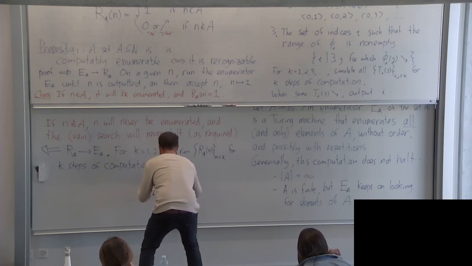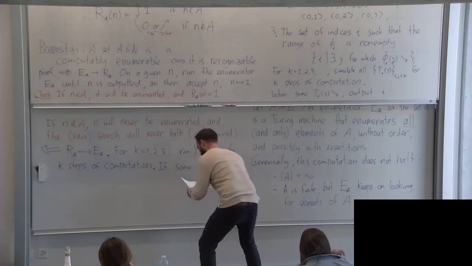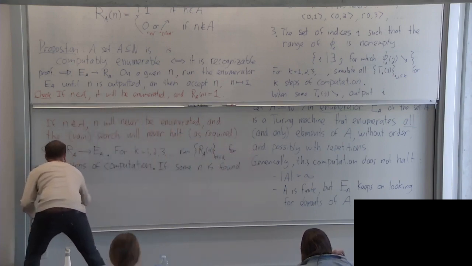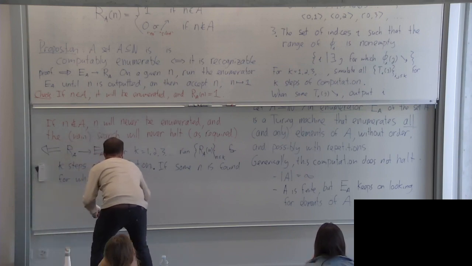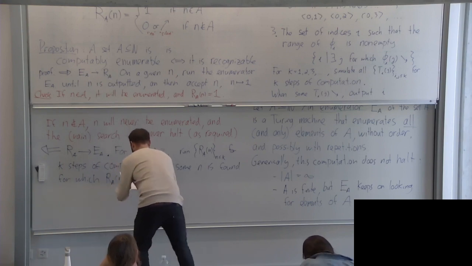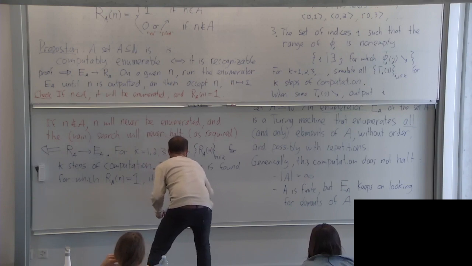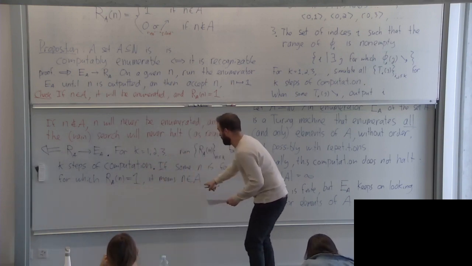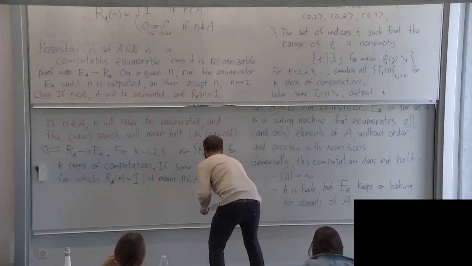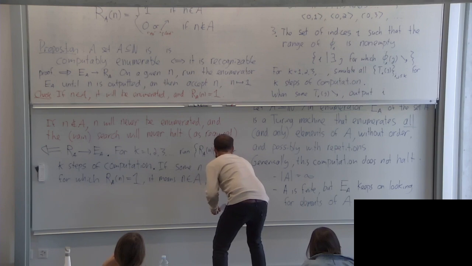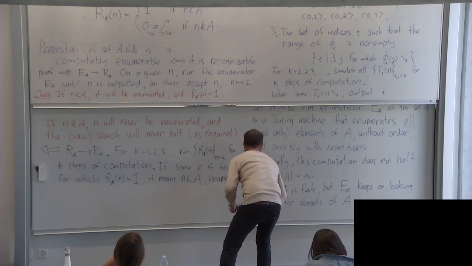If some n is found for which RA of n equals 1, it means n is in A, and so output n. Enumerate that n.